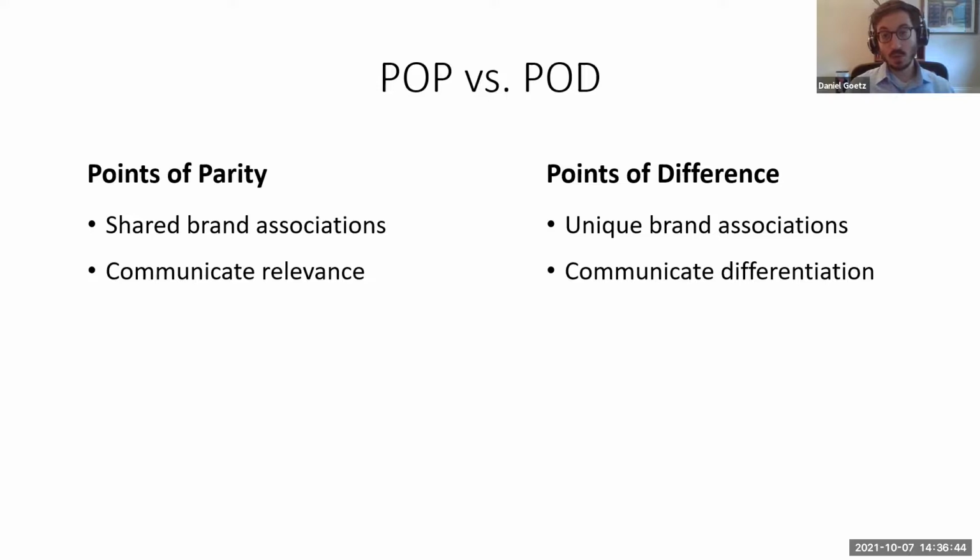Points of parity should communicate relevance. By that, I mean, why should a customer think that your product will satisfy their needs? Why is it relevant to include as part of their consideration set? Points of difference communicate how it stands out.